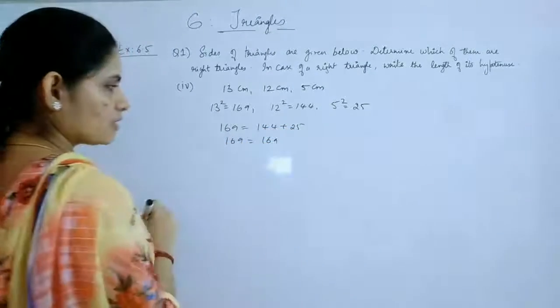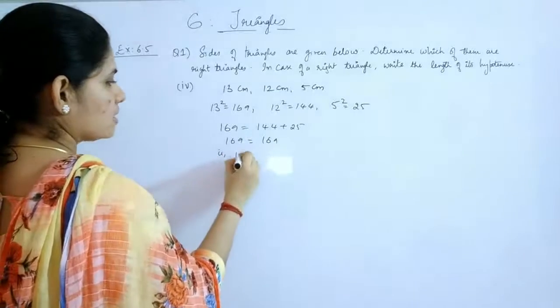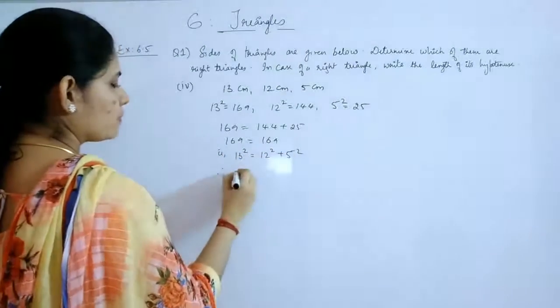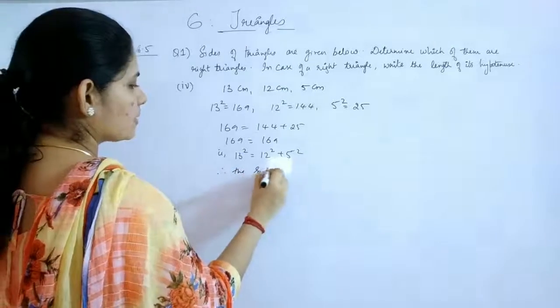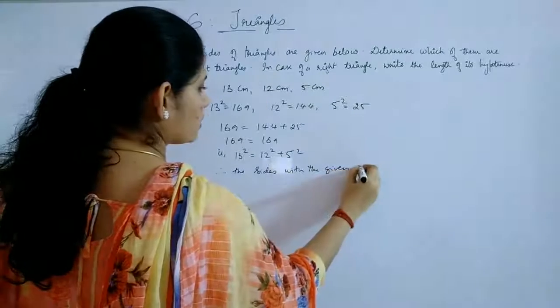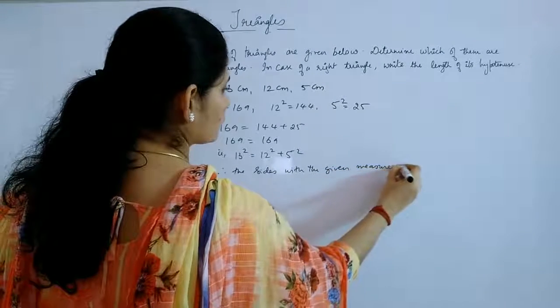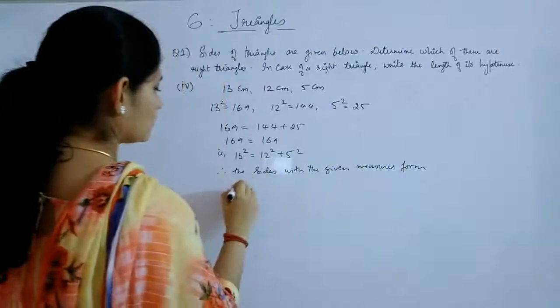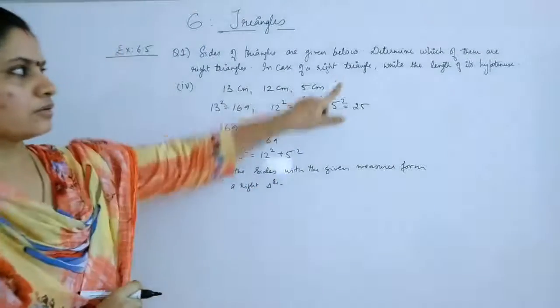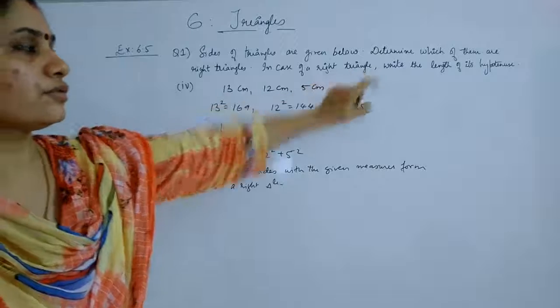So 169 equal to 169, that is 13 square can be written as 12 square plus 5 square. Therefore, the sides with the given measures form a right triangle.